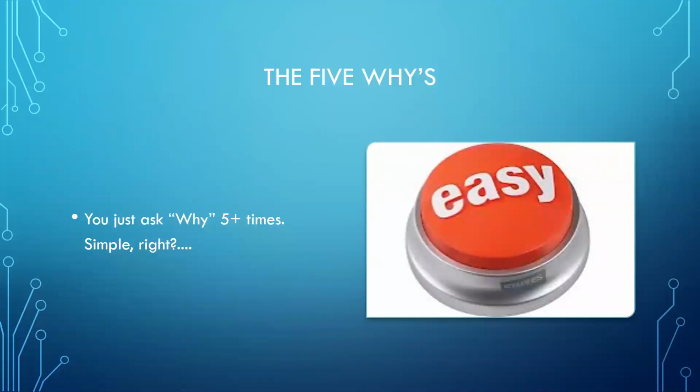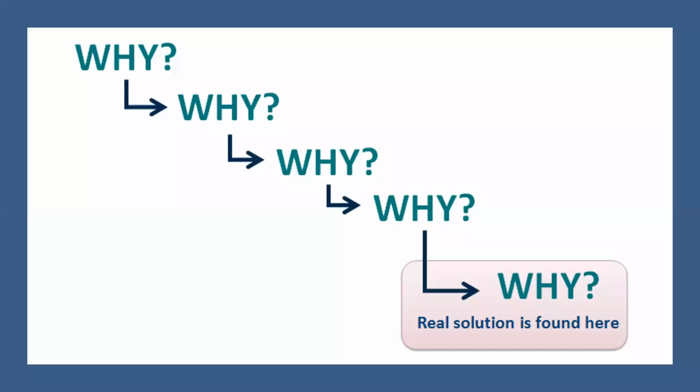So now I'm going to jump into the 5 whys. This is one of the main tools that's used for root cause analysis and one of the 2 that we're going to cover today. So this sounds pretty simple because you just ask why 5 times. So it's really easy and straightforward and quick, right? That's how it sounds. This is essentially what it would look like in an ideal world.